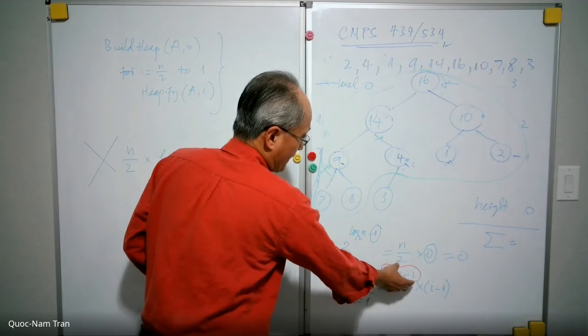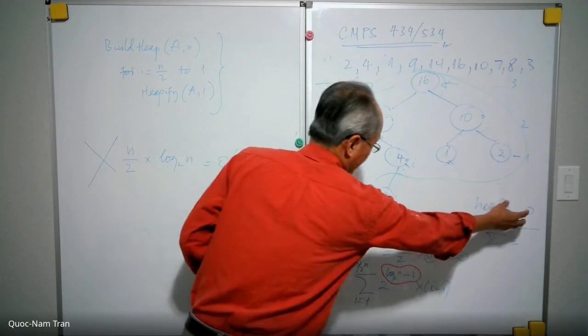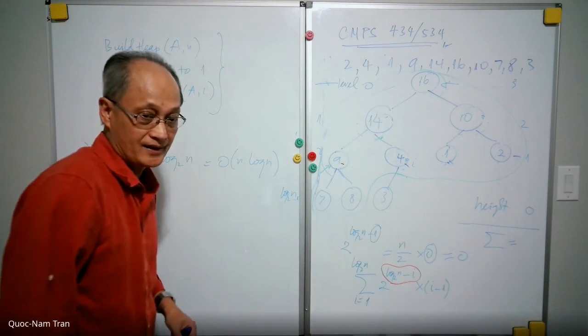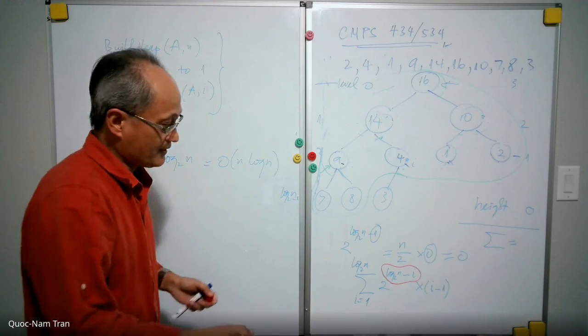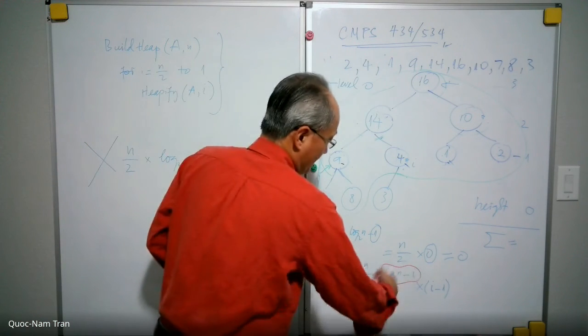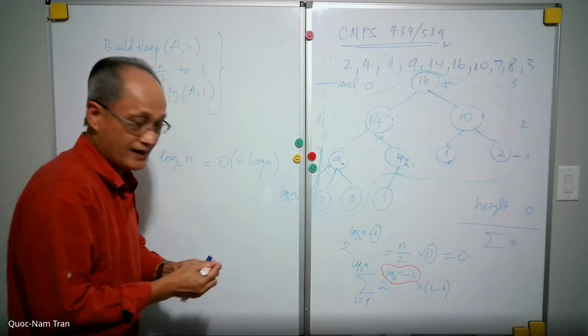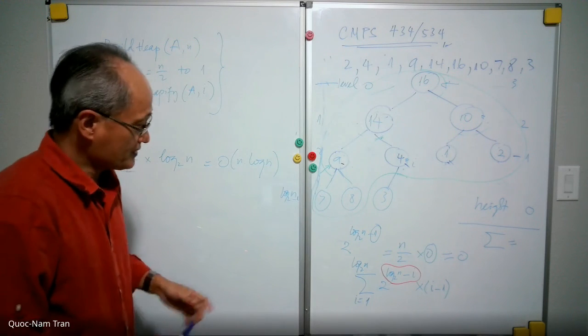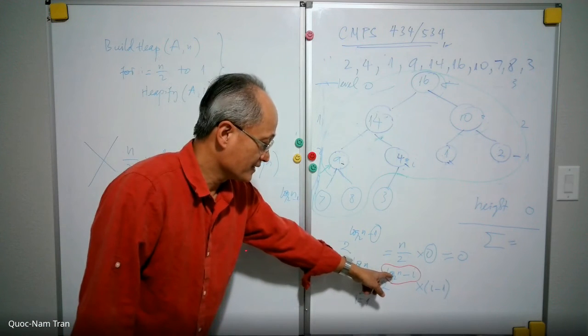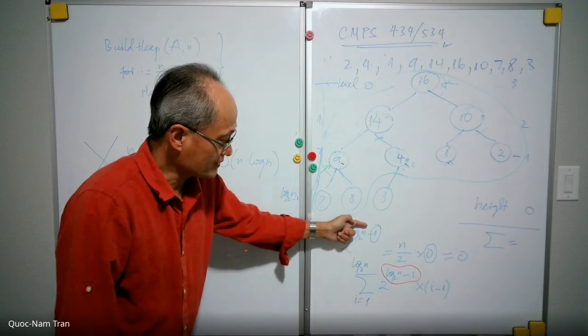This one we can think about as the height. Okay, so that said, the height here can be log 2 of n minus i. What is the height? Simply look at this.